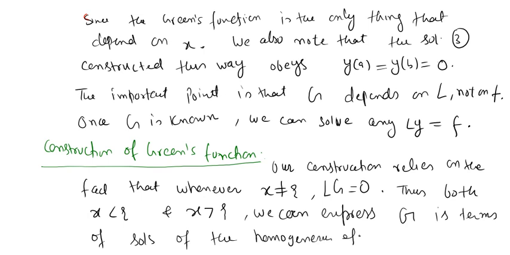So as we did in variation of parameters, you can construct the solution of the non-homogeneous one from the homogeneous, and the idea is quite similar here.